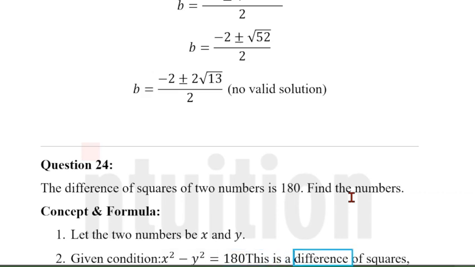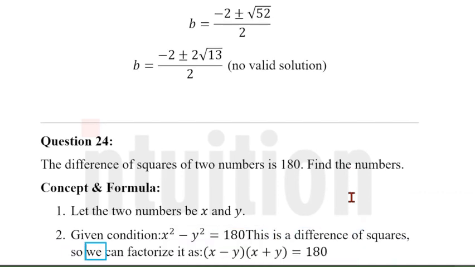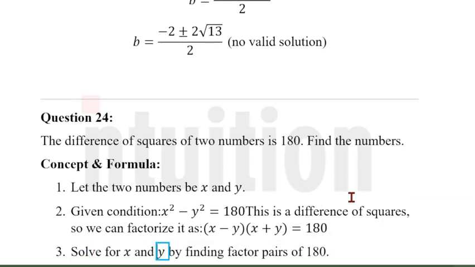This is a difference of squares, so we can factorize it as (x minus y)(x plus y) equals 180. 3. Solve for x and y by finding factor pairs of 180.